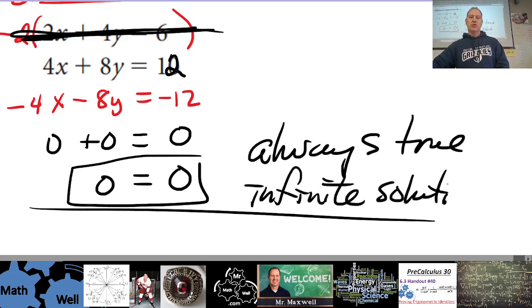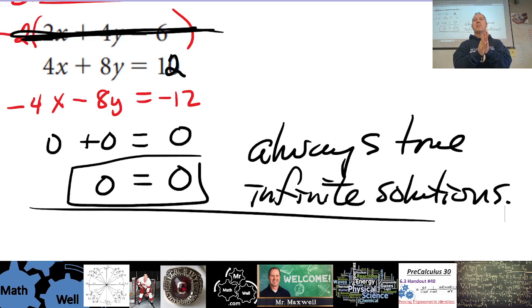Okay? So just a hint, if you're doing the algebra methods of substitution or elimination and you solve for a variable, but the variables both disappear and one number equals itself, you have an infinite number of solutions. It's the same line. If you have a number equaling another number, a different one, then that can't happen. There's no solutions.